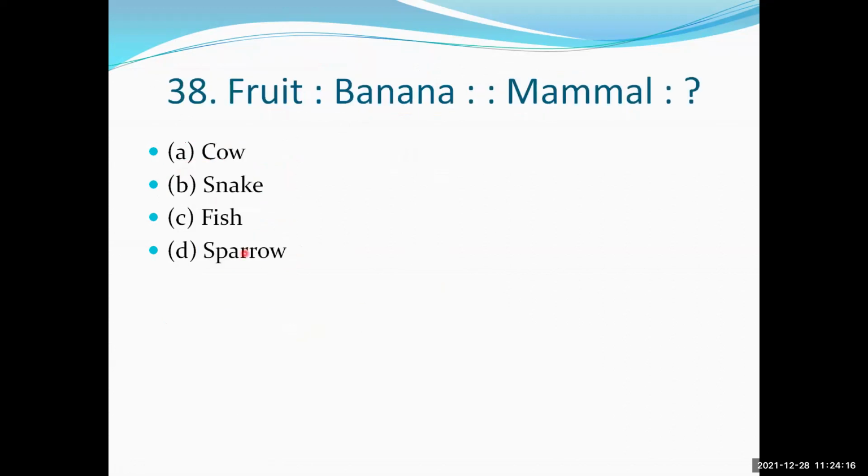Then next is question number 38, which says fruit is banana, or banana is fruit. You can read it like this. So you have to choose what is mammal. Okay, what is mammal? Cow, snake, fish, sparrow. Which animal is under mammal?